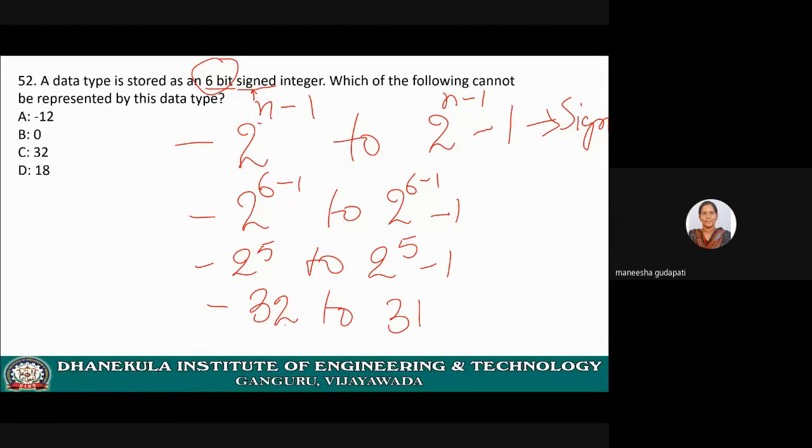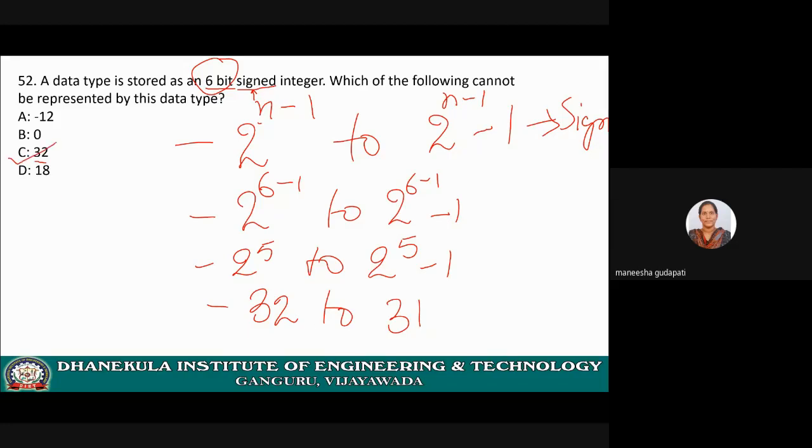If you take minus 12, will minus 12 be in this range or is it out of range? It will be in the range. What about 0? 0 is also within the range. What about 32? Not in the range. Yes, it's not in the range.